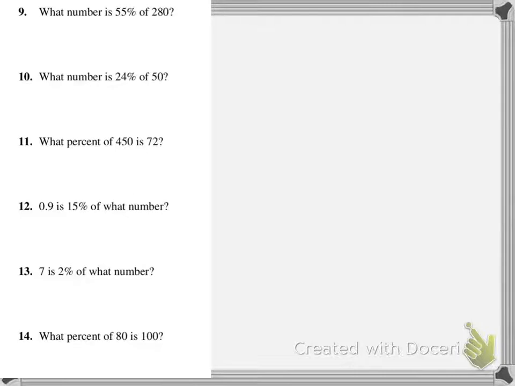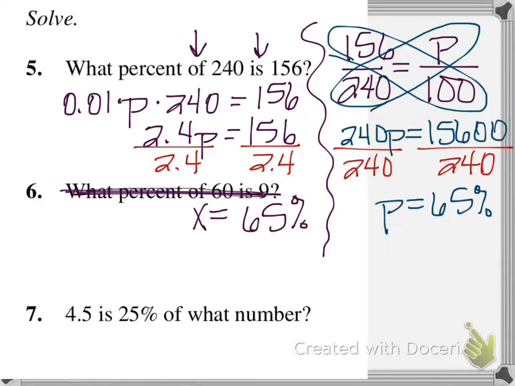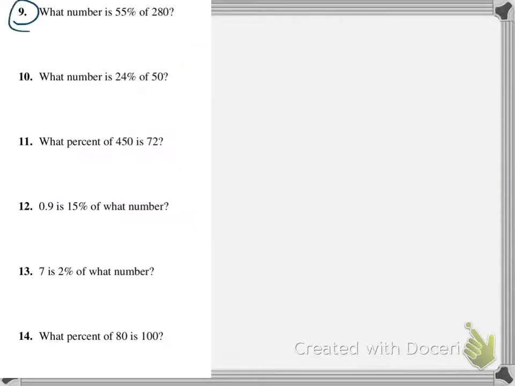We'll do number 9. What number is 55% of 280? This type of problem, I would actually translate because it translates very nicely. So what number, I could just say x, is 55%, so 0.55 of 280, so times 280.